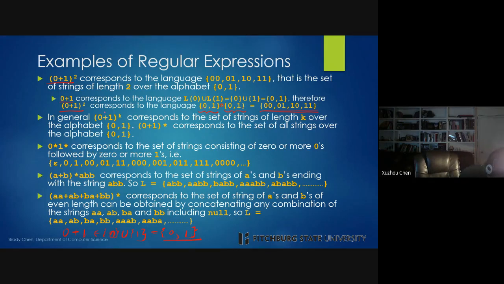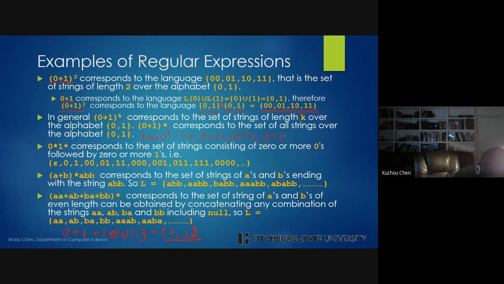Now, what about (0 plus 1) to the 3? Then it's a concatenation of 0 plus 1, 0 plus 1, 0 plus 1. So the language contains strings with one element from the first language, one from the second, and one from the third.